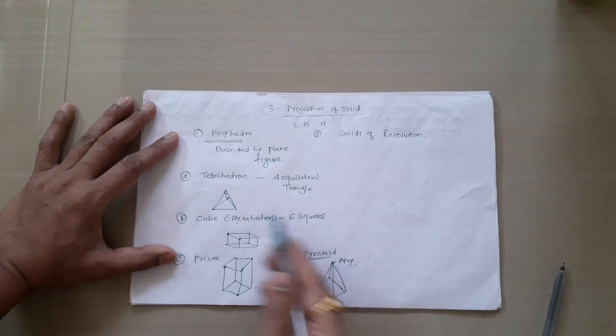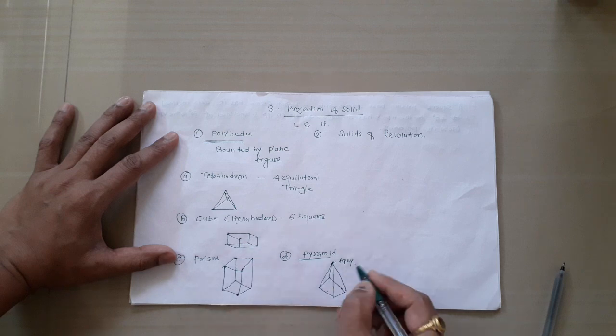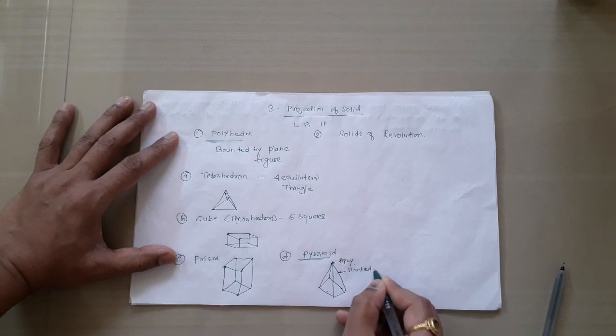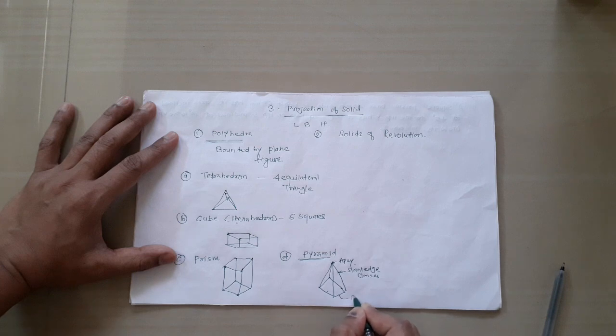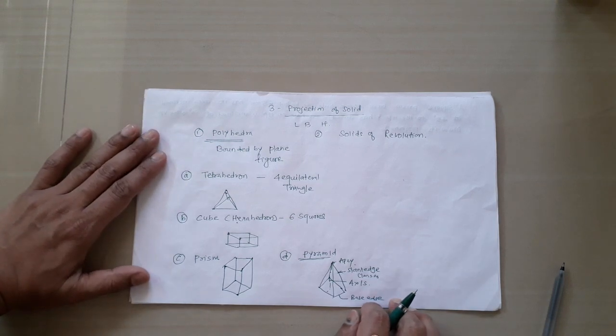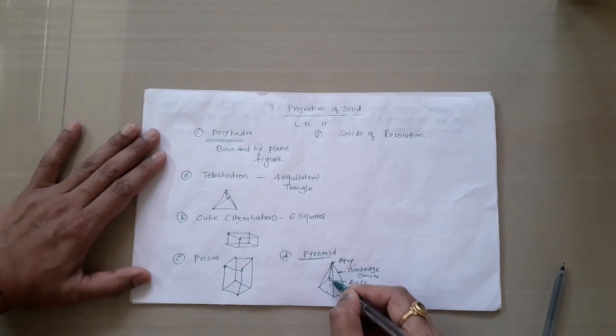In all these cases, in case of pyramid, this is apex, this is known as slant edge or longer edge, this is known as base edge, and the imaginary line joining the apex and center of the base is known as axis. Axis is always denoted by center line. Then this is known as triangular face.